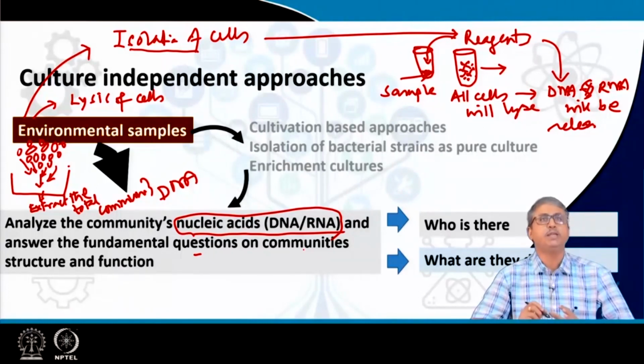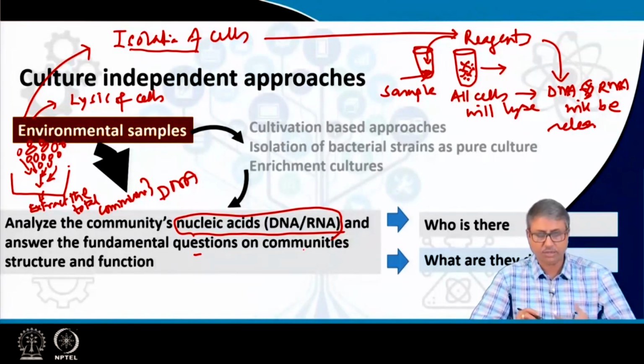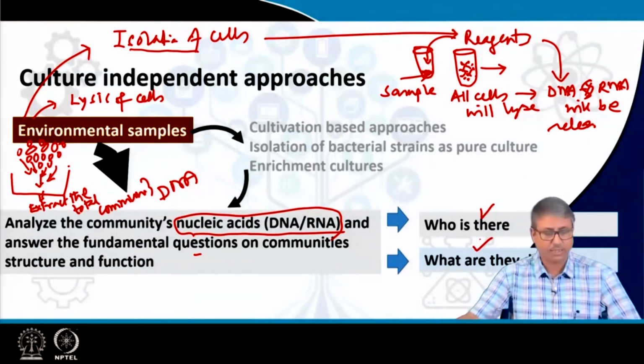So, coming to the main point, when we have an environmental sample, we need to extract the total nucleic acid, that is the total DNA in this case maybe, and then use this DNA as a template or a starting material to analyze the community composition, community function, and answer the two fundamental questions that we have already discussed.